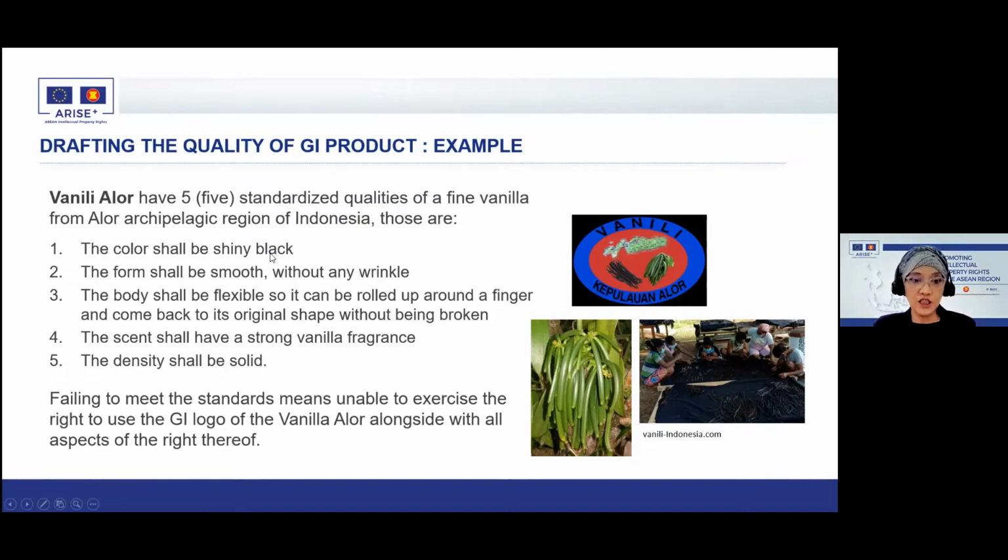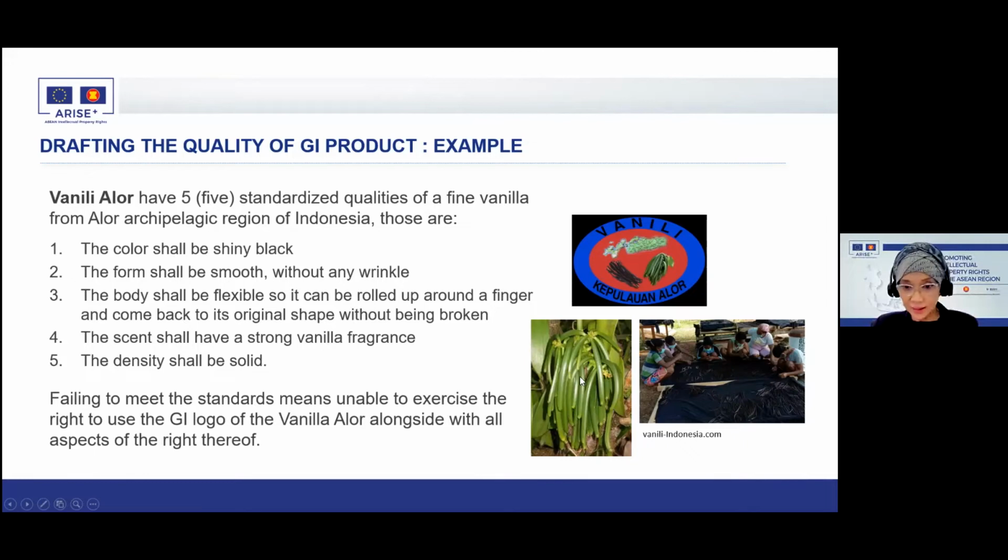shall be shiny black, like this. Okay, the picture. The green one is the plant from the tree, and then this is the picked one, the young one. The color shall be shiny black. This is black. The form shall be smooth. Look at it, very smooth, without any wrinkle.